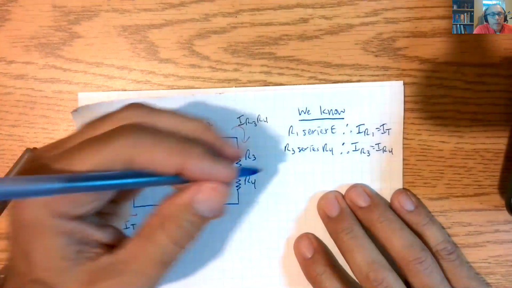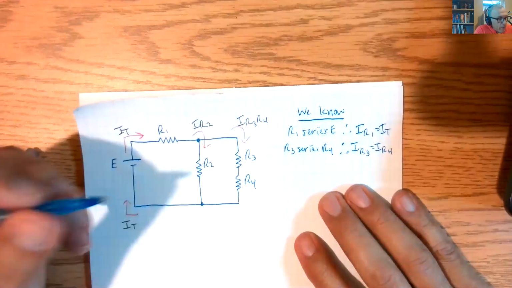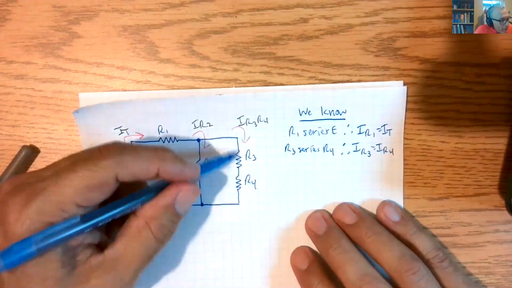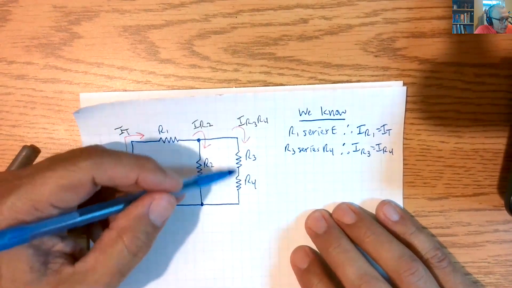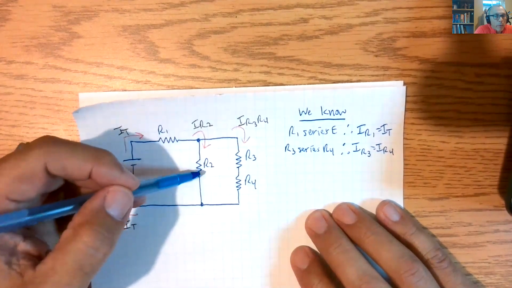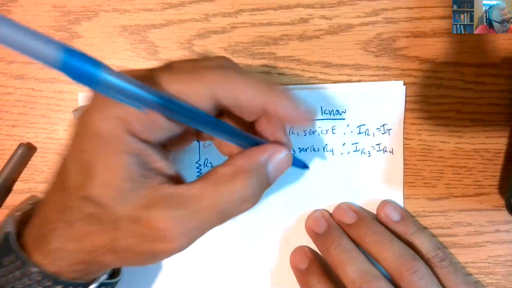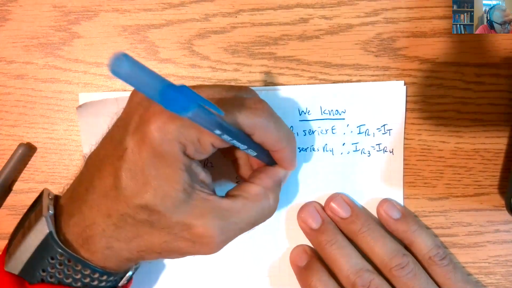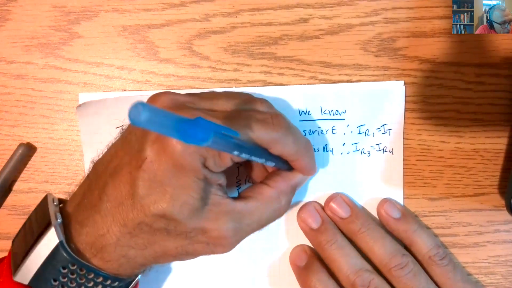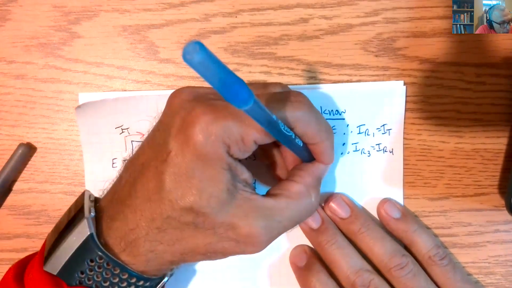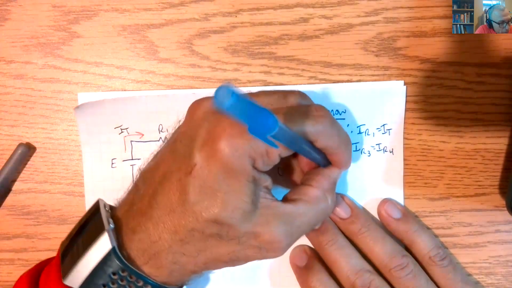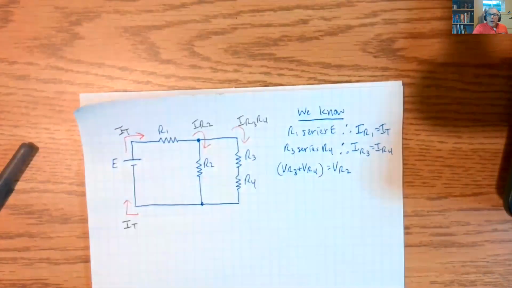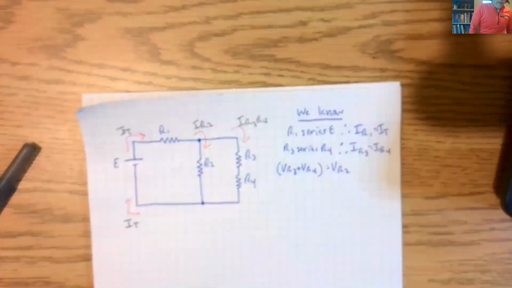So we know that. Because these are in series and they are in parallel with R2, that tells us that VR3 plus VR4 is equal to VR2.